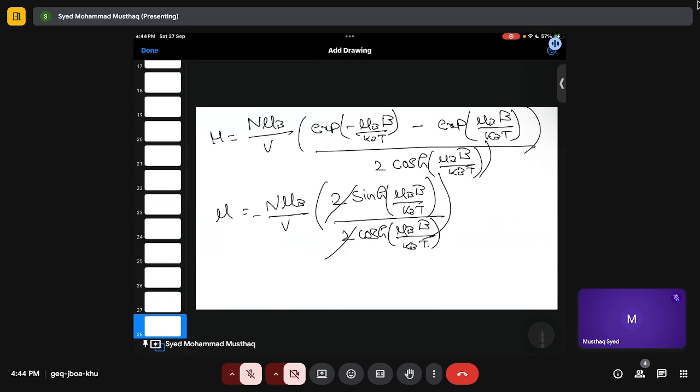There will be a minus because of this sign. Then the magnetization, this is not mu, this is M, will be equal to minus n mu B upon V tanh of mu B upon kBT.